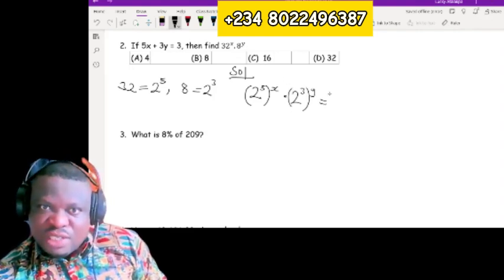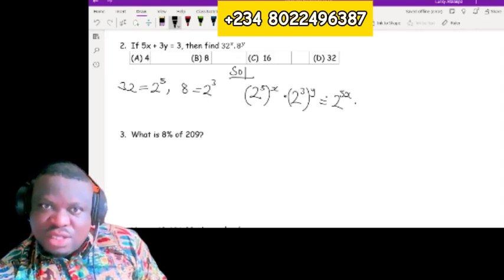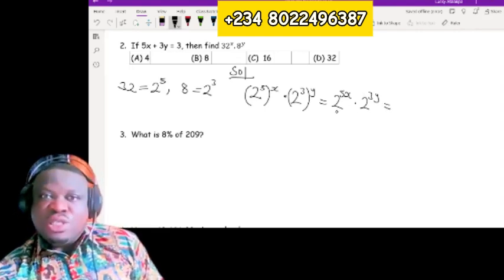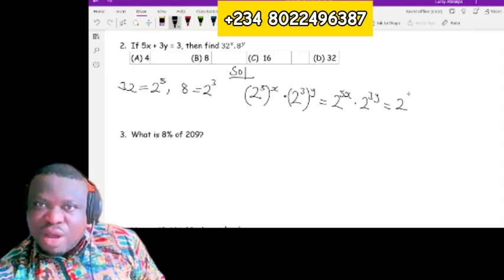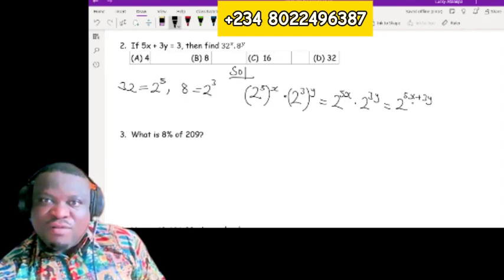If you simplify this further, the powers will multiply. So we have 5 times x, that is 5x, then 3 times y, that is 3y. Now, from the laws of indices, once the bases are the same, we can add the powers. So 5x plus 3y is what we have as the power.